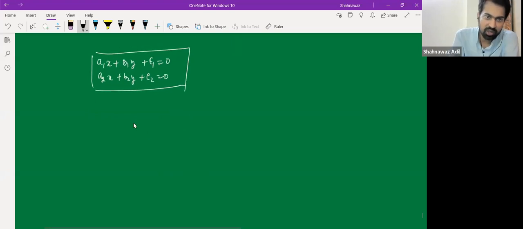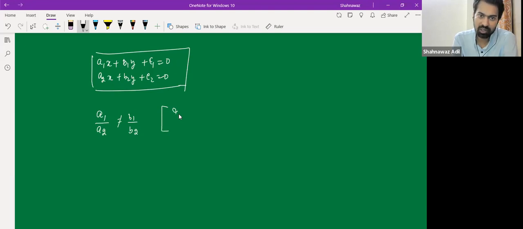So if you calculate the ratios of these coefficients, a1 by a2 and b1 by b2, and you find that a1 by a2 is not equal to b1 by b2, this would give you intersecting lines.